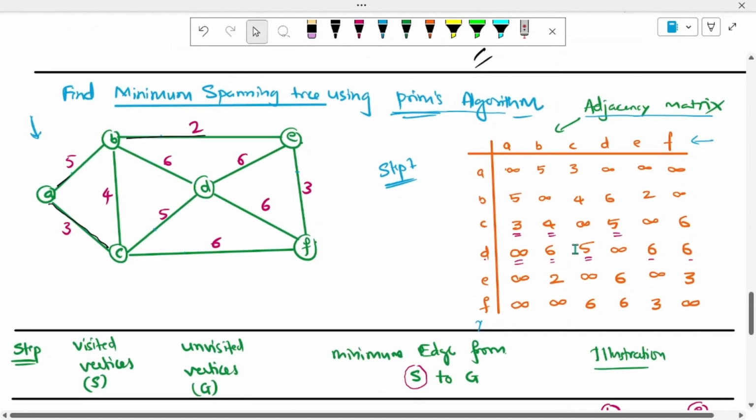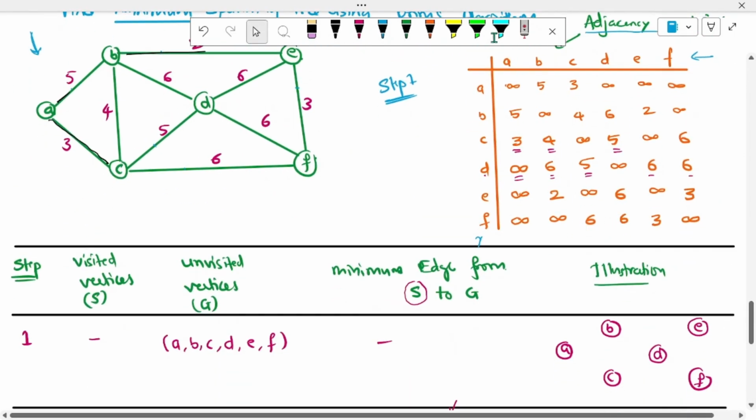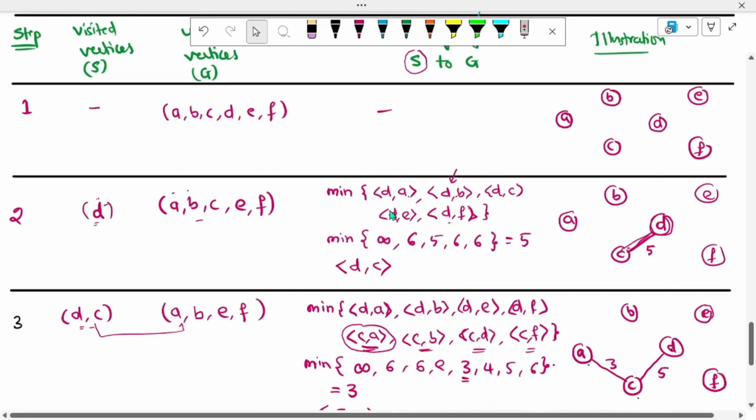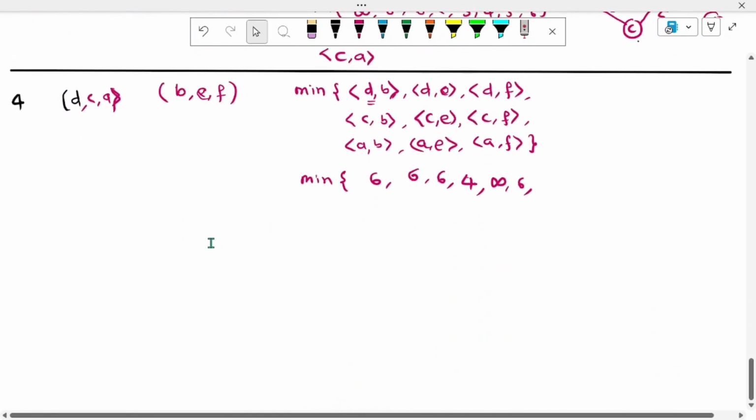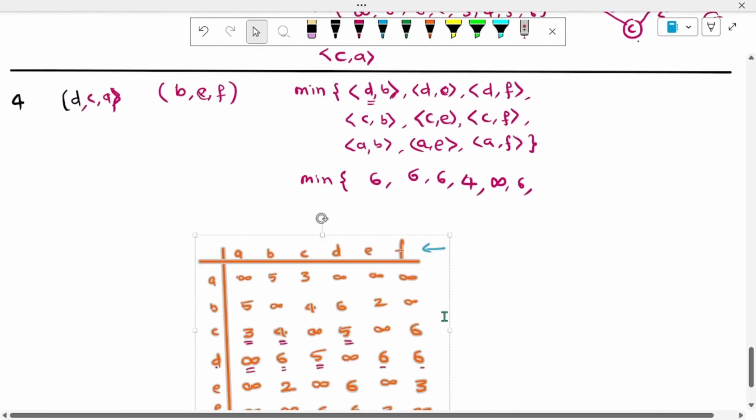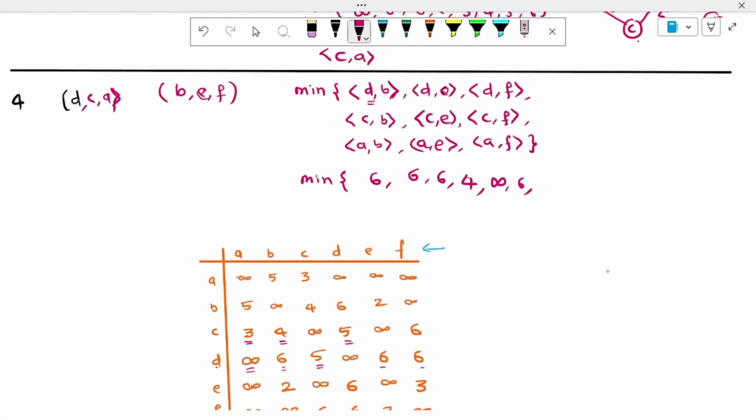Now, let me have the screenshot of this here only. Otherwise it is going to trouble me a lot. Copy. Let me have it here. Now we can see the next: AB, 5, comma, AE.